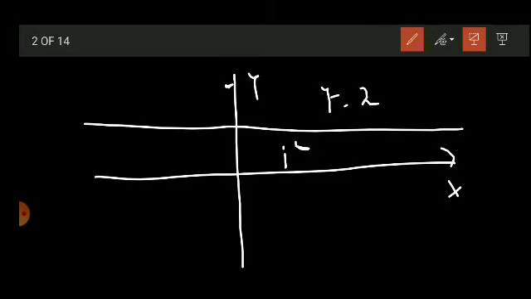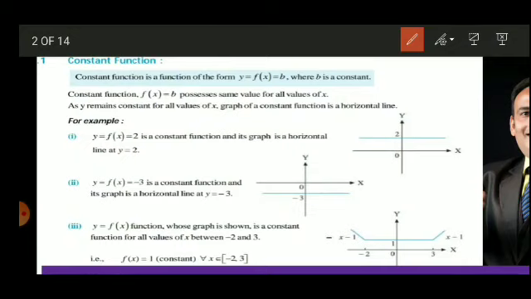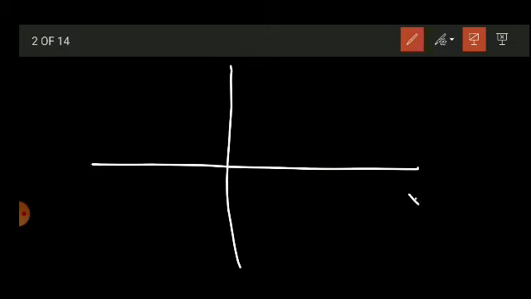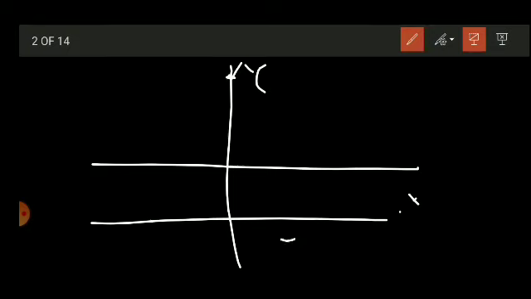So this is a constant function. If we say something else like y equal to -3, then this is also a constant function. Here, this is the x-axis and this is the y-axis, and here is the line y equal to -3. This is a constant function.